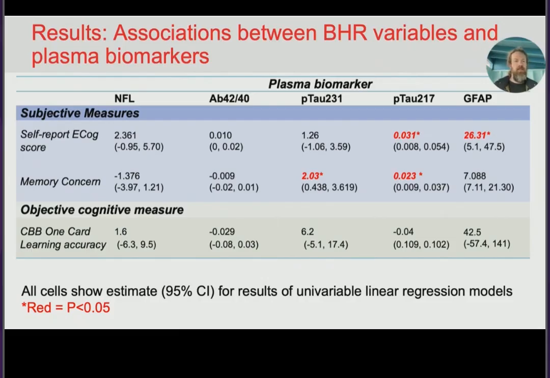In blue, the subjective measures, self-report ECOG, memory concerns, and in the green color, you can see the objective measure, which I previously mentioned, is the cog state brief battery one-card learning score. Then in each of the cells, you see the estimate and the 95% confidence interval for the results of the univariable linear regression models, where significant results with a p of less than 0.005 are indicated in red.